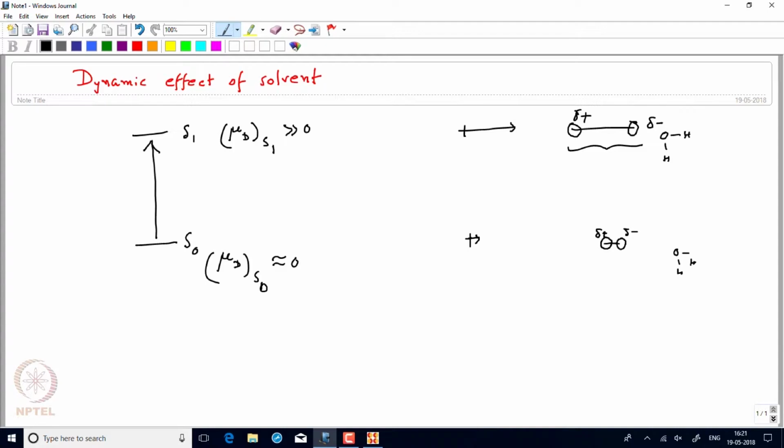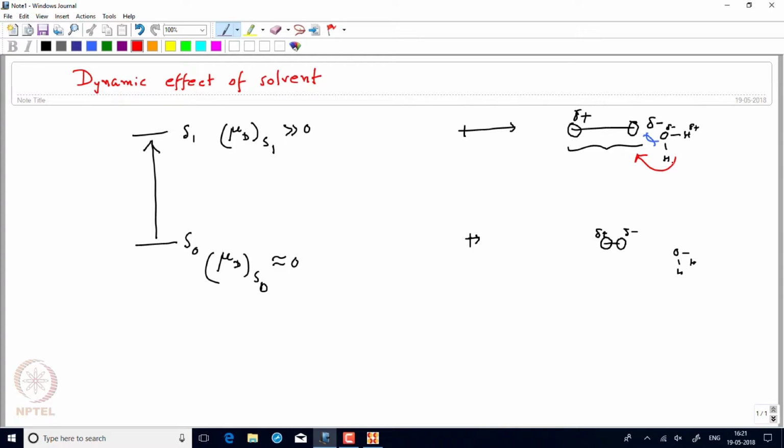The negative end is the oxygen end, since water molecules are also polar molecules. Now you see that this is a very unfavorable orientation for this molecule, and due to that, the water molecule will try to reorient itself so that this H end will face the negative end of this newly created dipole.